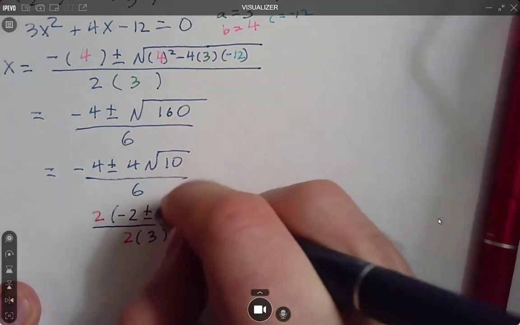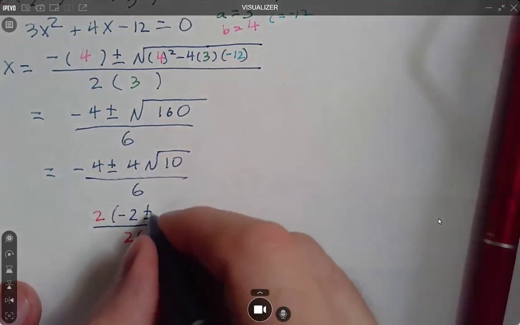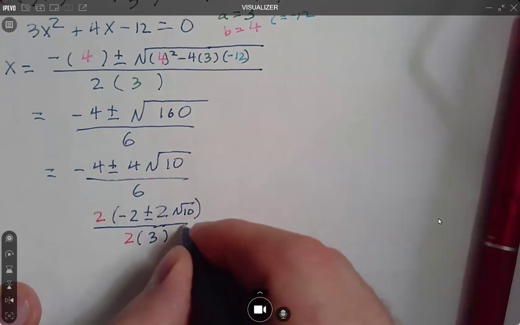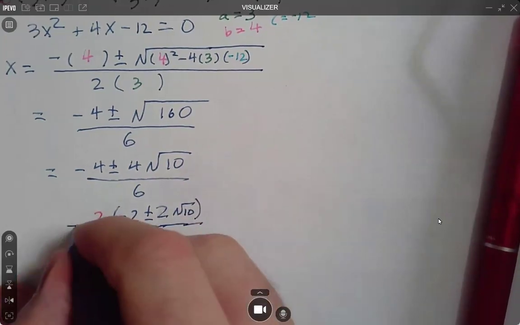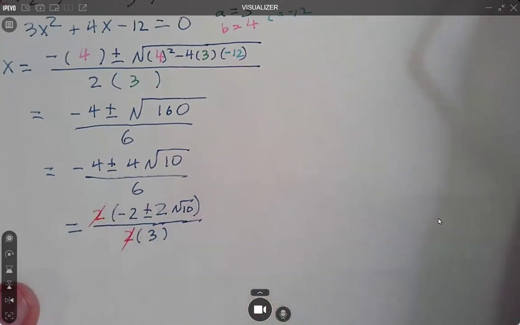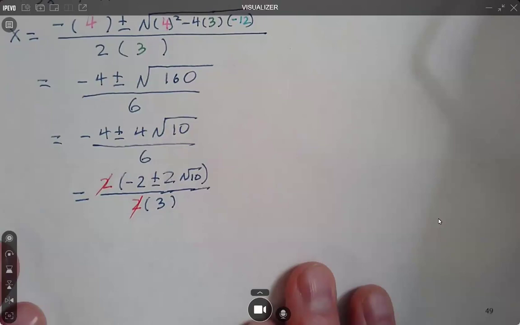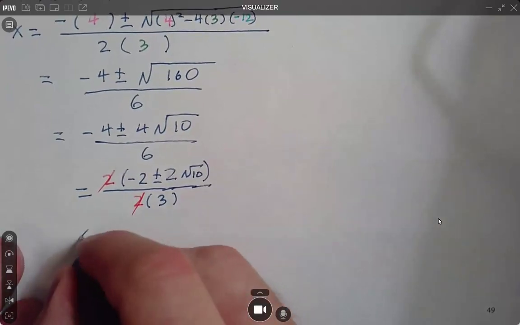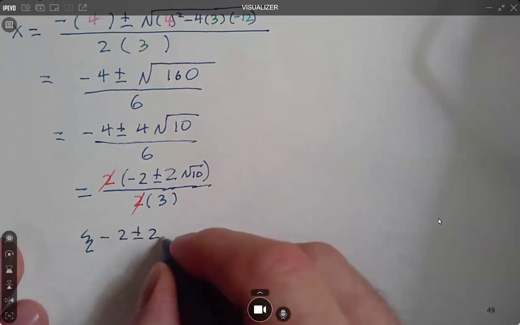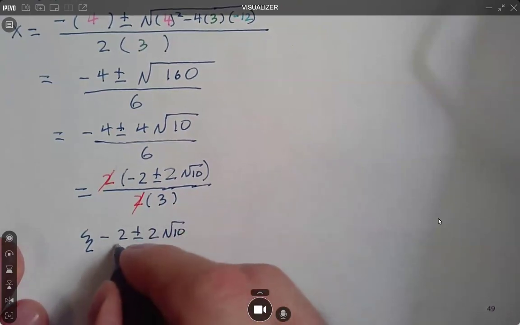It would help if I actually factored out on the second one. And so these 2s are going to divide out. That gives us our answer: negative 2 plus or minus 2 square root of 10, over 3.